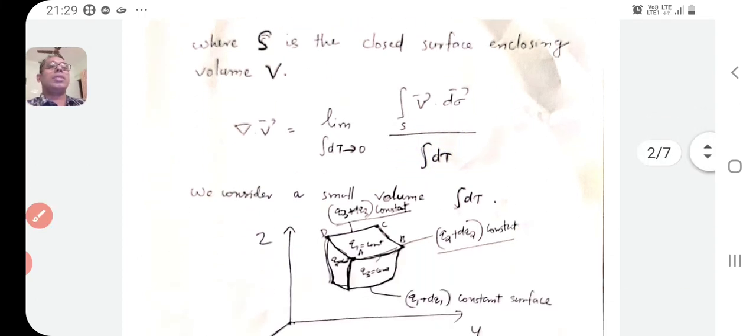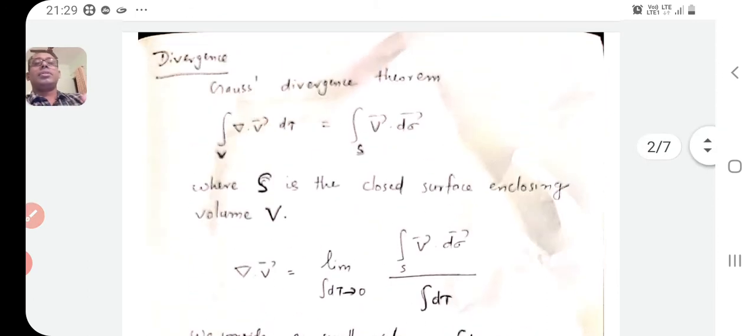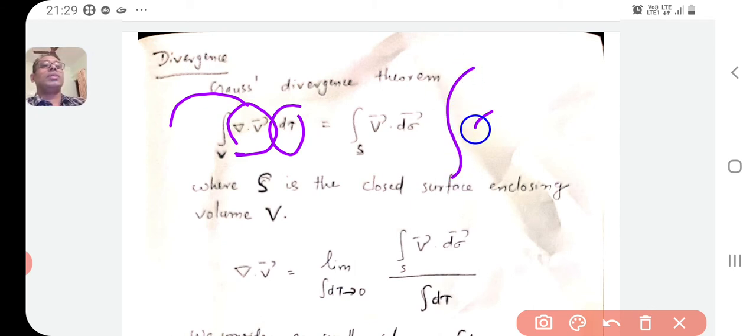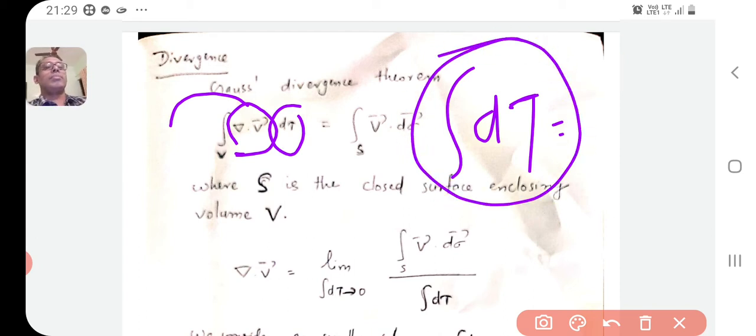Now we consider here the del dot V that we are taking outside the integral, because in this small volume integral d tau, in this volume we assume that del dot V is constant.